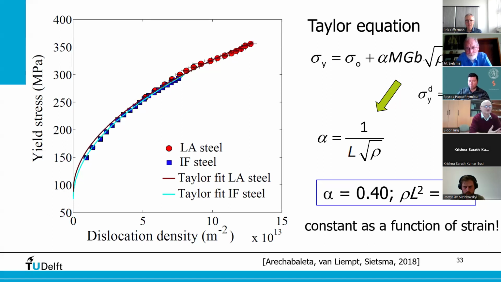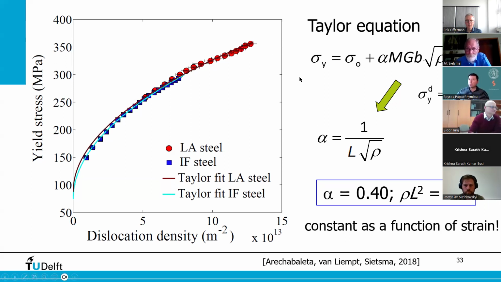So alpha should depend on this, because all the time you change the configuration of cells and the amount of dislocations. Yeah, but if the Taylor equation is valid, then alpha is constant, because then you have alpha square root of rho. You have to treat it as an entity.